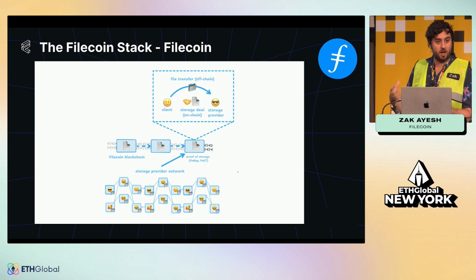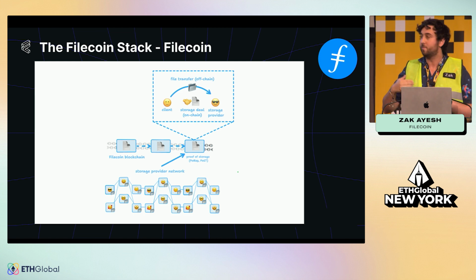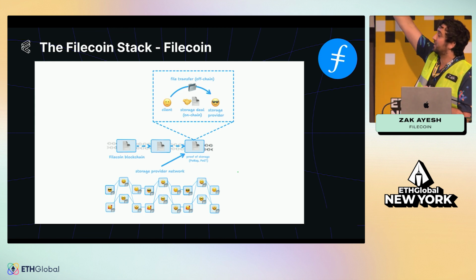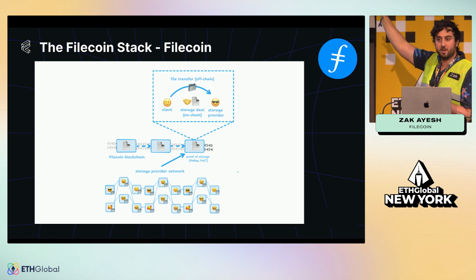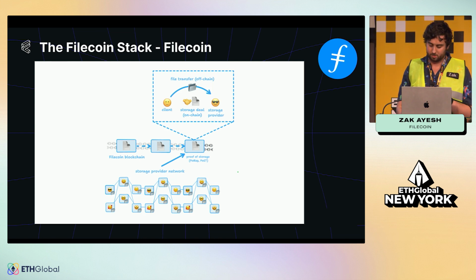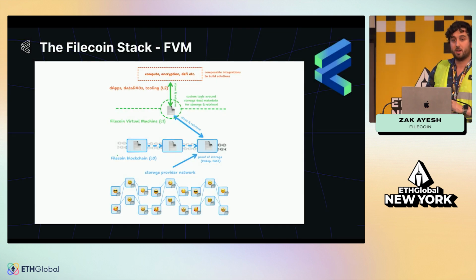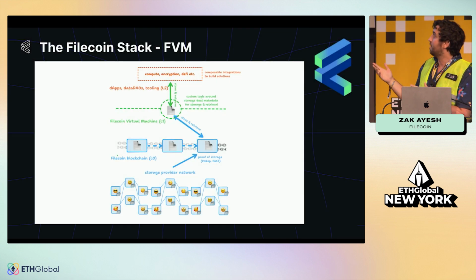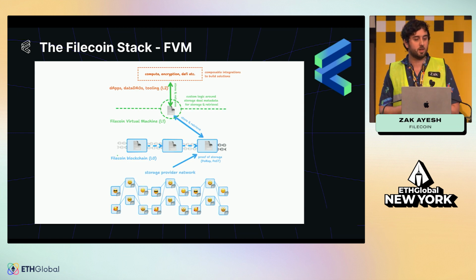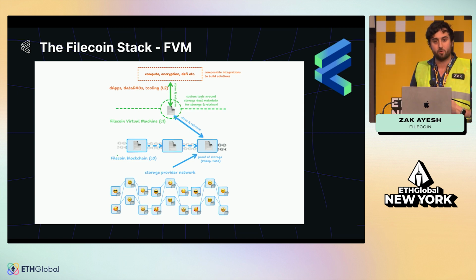Again, originally the Filecoin blockchain was tailor-made to sit in between the storage providers and clients up there who want their data stored, right? And that's just what it was made for. But beginning in March, a virtual machine was added into the Filecoin blockchain, right? The Filecoin Virtual Machine.